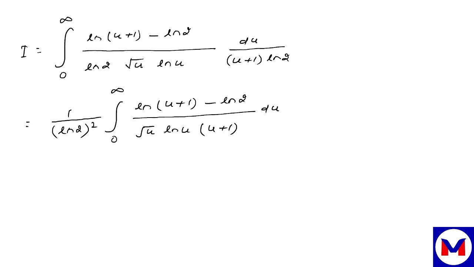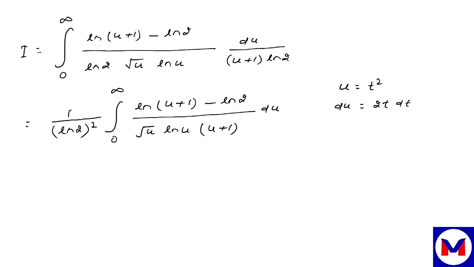Now for making it simpler, substitute u equal t square. Also in this case the limit will be the same, from 0 to infinity, and we get du equal 2t dt.